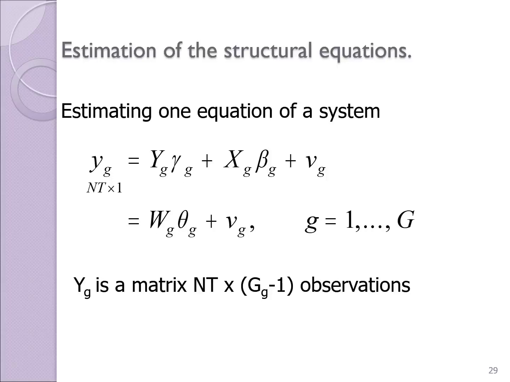Then we have the error. This is sometimes written in a different way: capital W times lowercase theta. The idea is that capital W means whatever includes capital Y and capital X, and the thetas are the parameters, in this particular case the gammas and the betas.